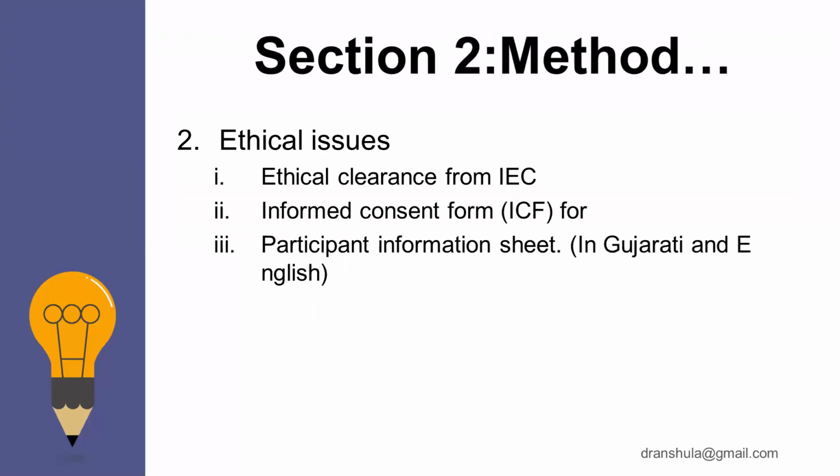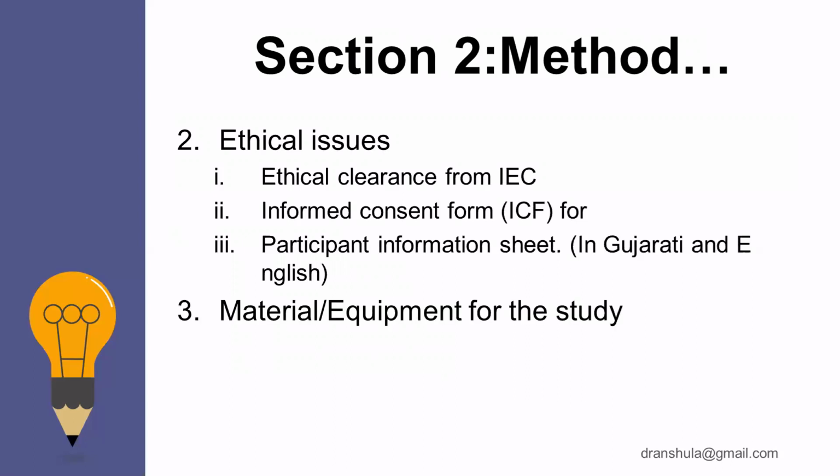So you have to mention the ethical clearance which was obtained by the Institutional Ethical Committee or Review Board, whether informed consent was obtained or not, and the participation information sheet in the language of the person, according to their local language or mother tongue.